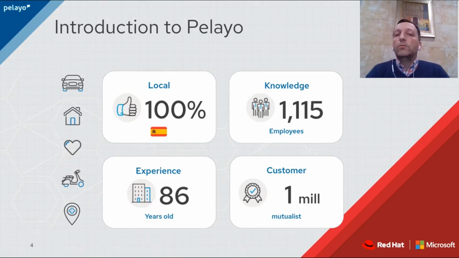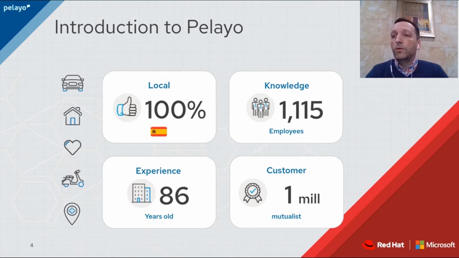This year, we are going to start our new data architecture project too. Maybe you don't know anything about my company, but Pelayo is a mutual insurance company. We are local. We are a Spanish company, and we only sell products in Spain.